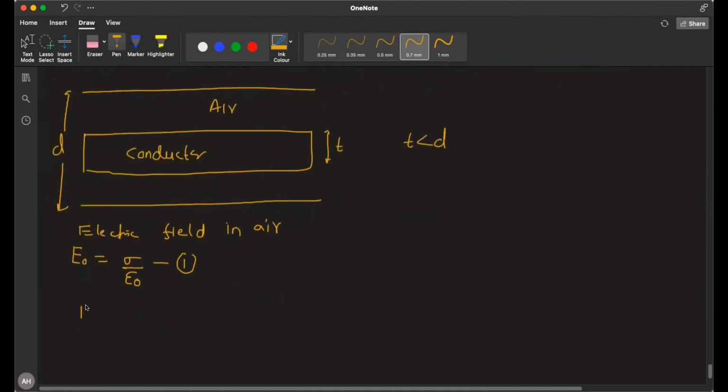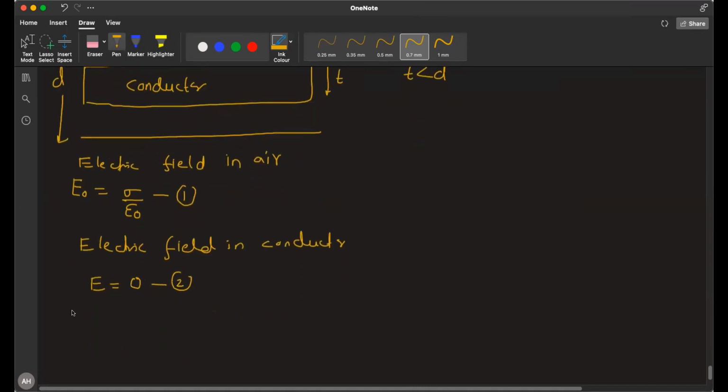And electric field in conductor. Miraj, what is the expression of field inside a conductor? Zero. There's no field inside the conductor.